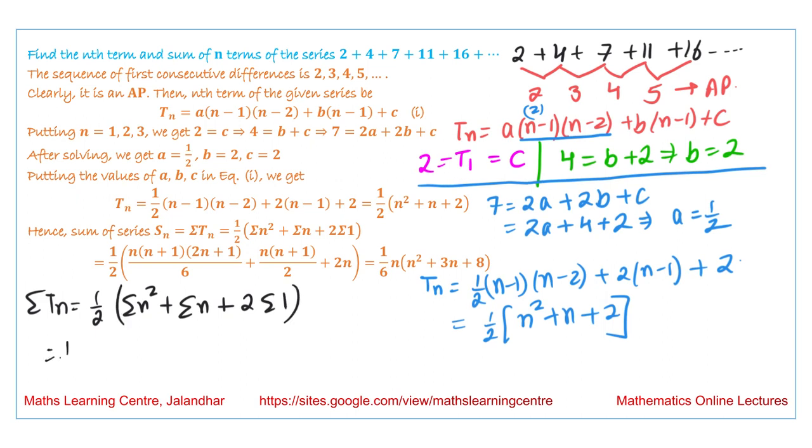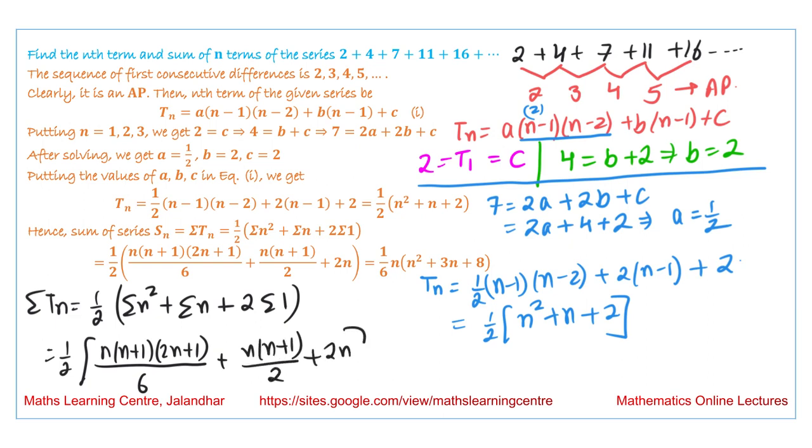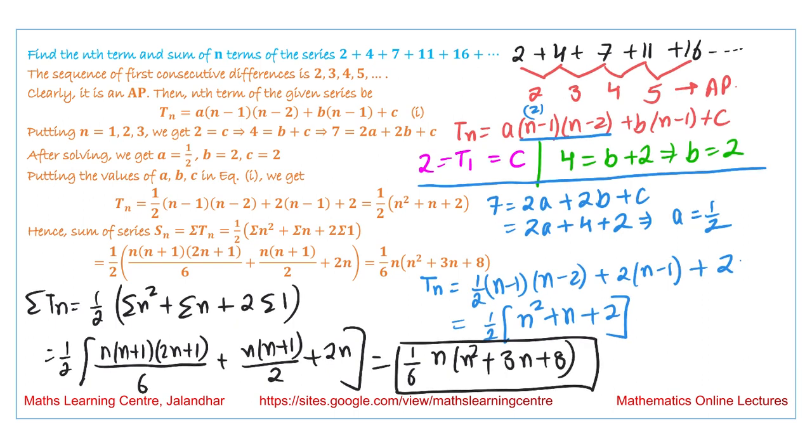The answer we obtain is 1 by 2 times n into n plus 1 into 2n plus 1 divided by 6, plus n into n plus 1 divided by 2, plus 2n. When you simplify this, you obtain 1 by 6 n into n square plus 3n plus 8. So this is the sum of the series.